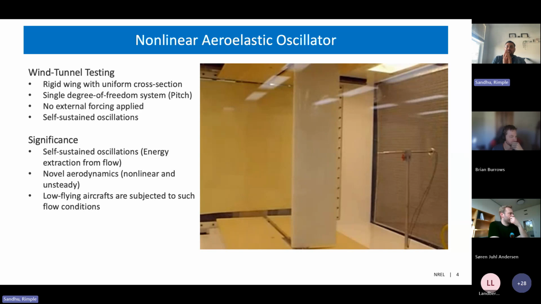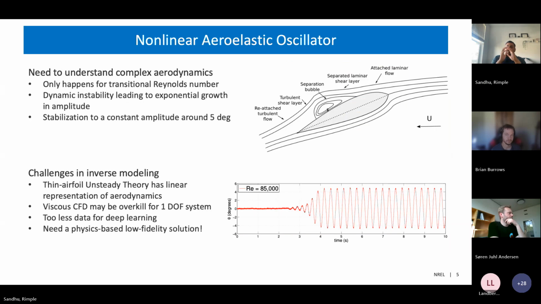And all we have is the pitch displacement measured from the wind tunnel. This is a low-speed wind tunnel at the Royal Military College of Canada in Kingston, Ontario. So we did testing there. There was some prior understanding about the physics of this self-sustained oscillation. On the bottom here, you'll see the captured displacement from the wind tunnel.